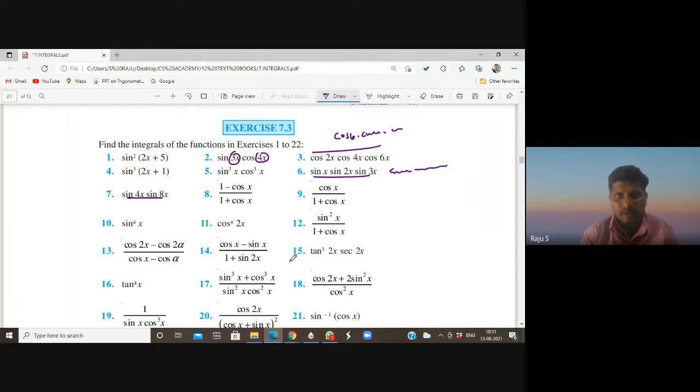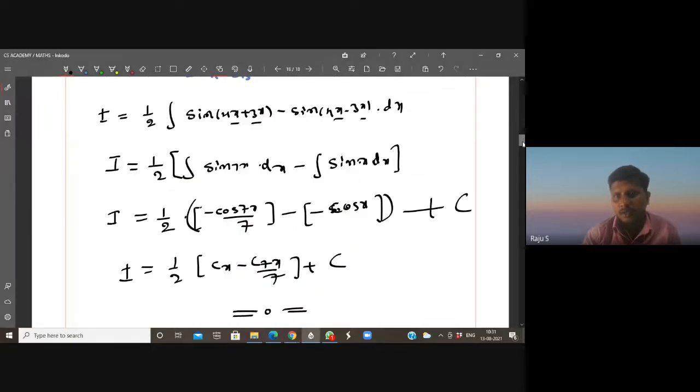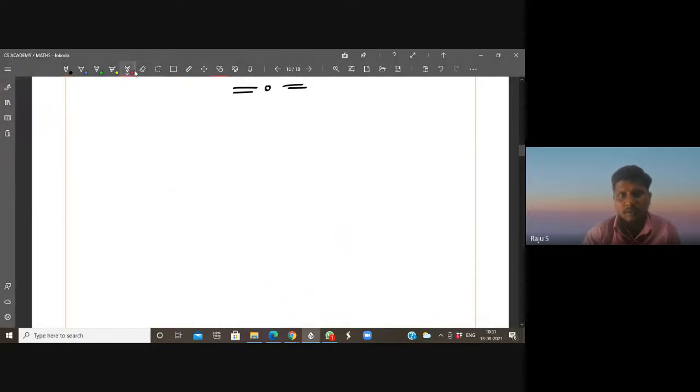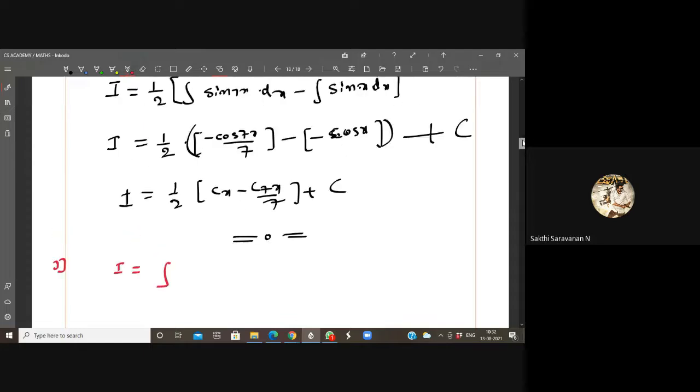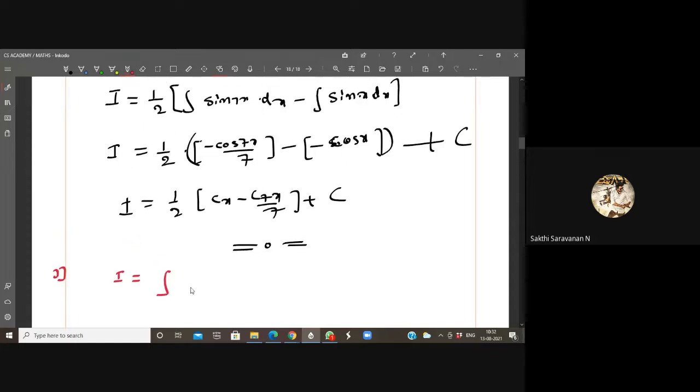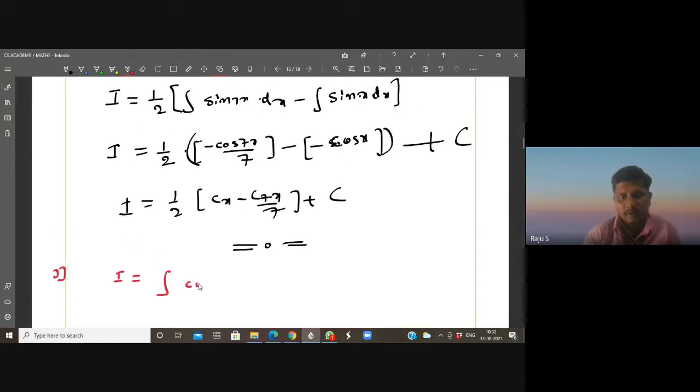Next question. You should write in descending order. So question number 3 is I equal to the integral of cos 6x cos 4x cos 2x.